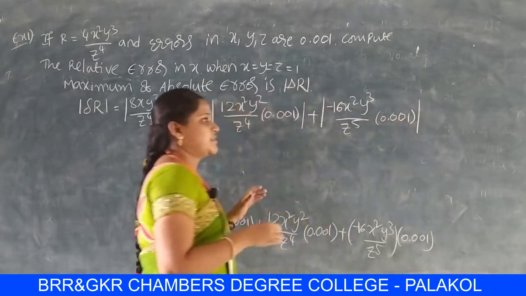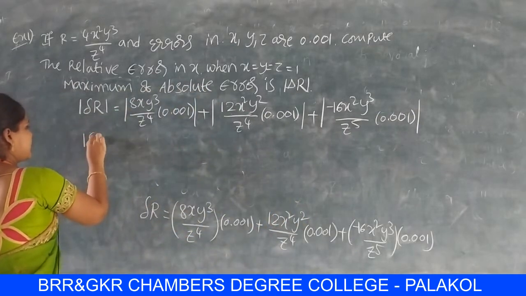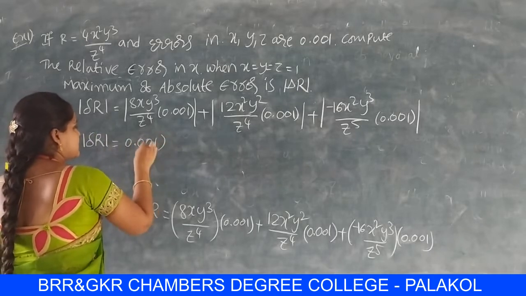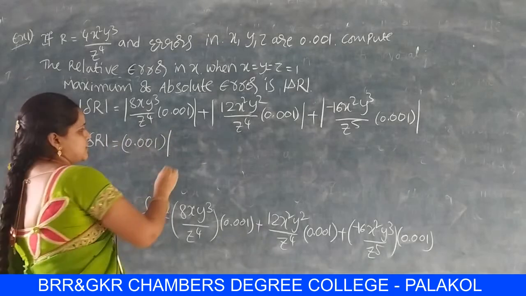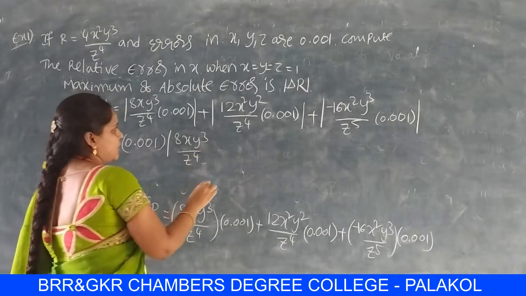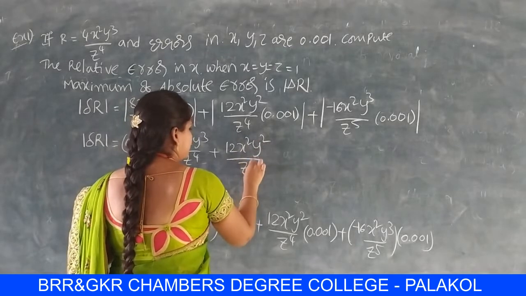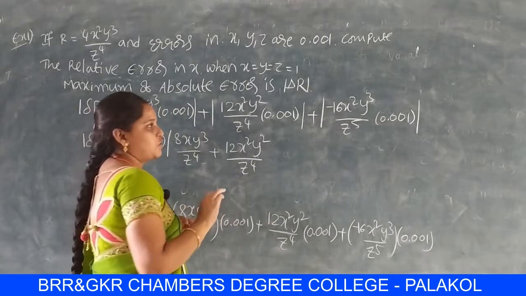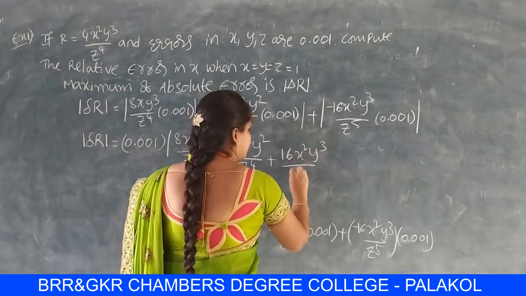So 0.001 is common to all terms. So modulus of delta r is equal to 0.001 times modulus of 8xy cube by z to the power of 4 plus 12x square y square by z to the power of 4. Modulus of minus values is always positive. Now 16 into x square y cube by z to the power of 5.